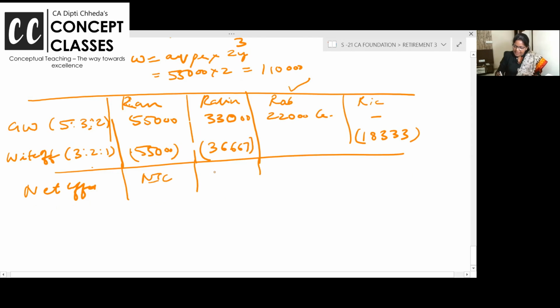Rahim is gaining. Old partner is gaining. Robot should take. See, the outgoing partner is saying my share is 22,000. Give. Continuing partners debit. Richard should be debited only if he is not getting the goodwill. Richard's account will be debited only when Richard is not getting the goodwill. That's right. Debit his capital account.